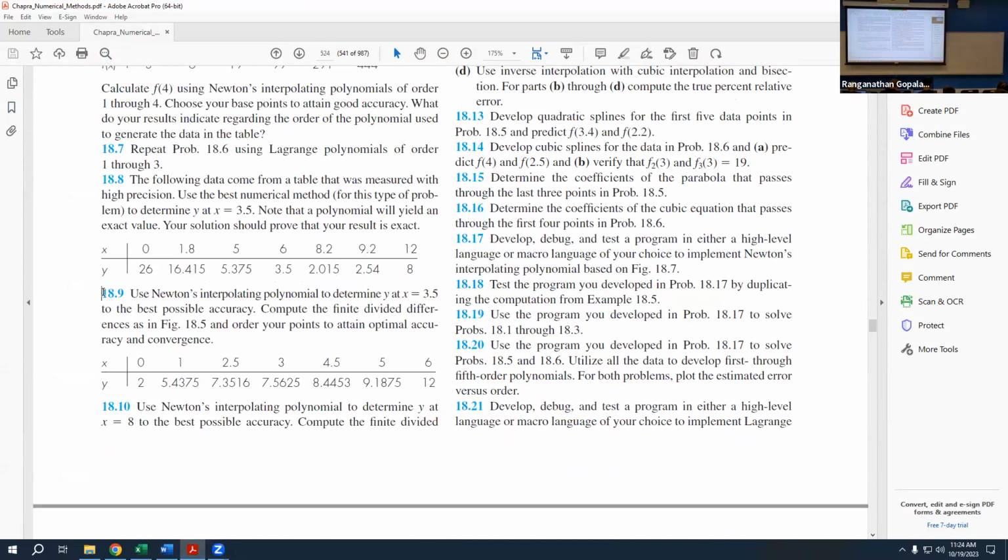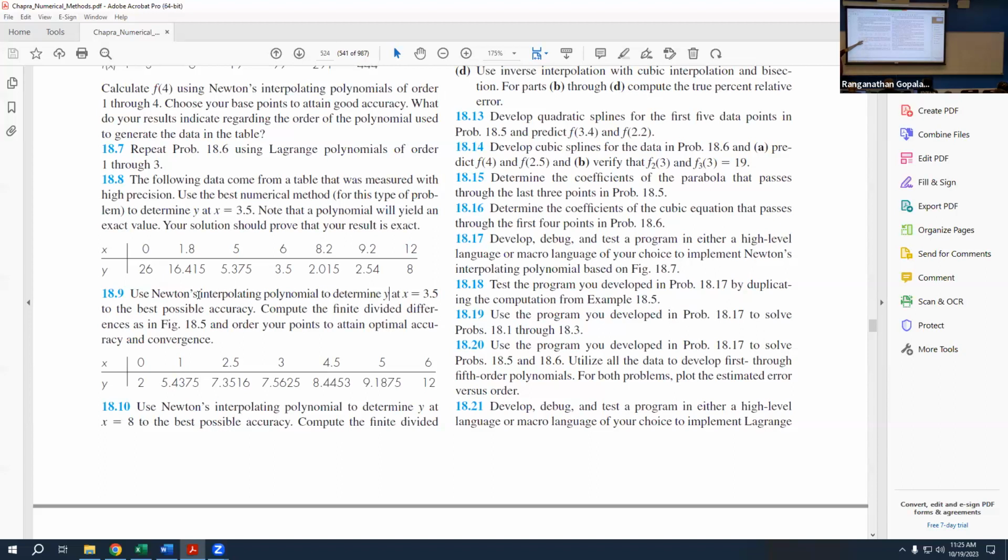Use Newton's interpolation to determine y at x equals 3.5 using the following data. Okay, you don't have to do Newton's interpolation. That is just a generalization which we didn't go through. We studied first order, second order, and up to even third order interpolation, which you can use.